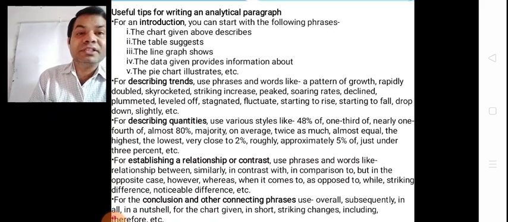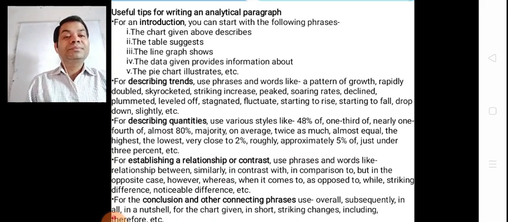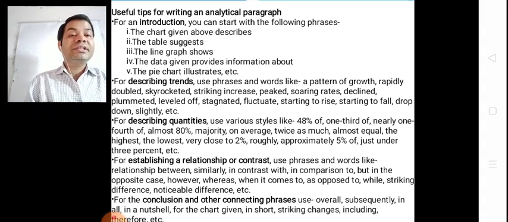Use phrases and words like pattern of growth, rapidly doubled, skyrocketed, striking increase, peaked, soaring rates, declined, plummeted, leveled off, stagnated, fluctuated, starting to rise, starting to fall, drop down slightly.